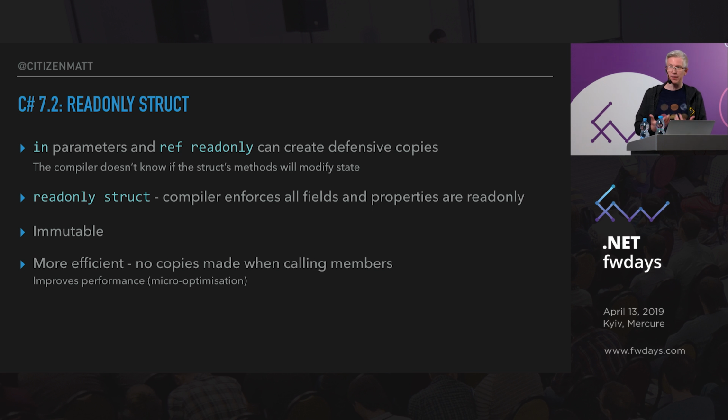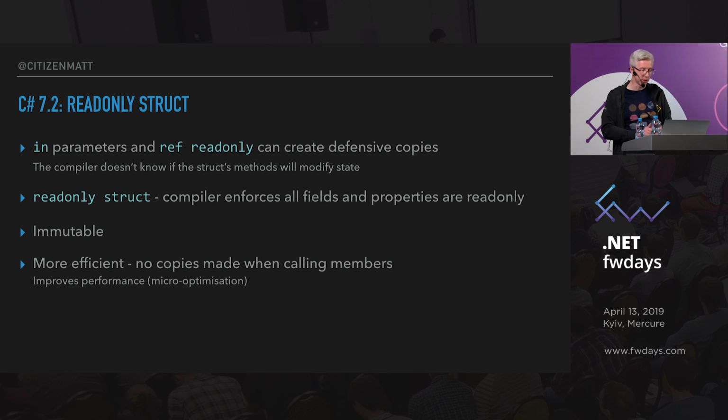And so it gives you proper immutable structs. And now the compiler can know that because this struct itself is read-only, any methods that you call on that struct are not going to change internal state. And so it doesn't have to create this defensive copy anymore, and so that's then another small boost for your performance. Again, it's a micro-optimization, but it can be useful.